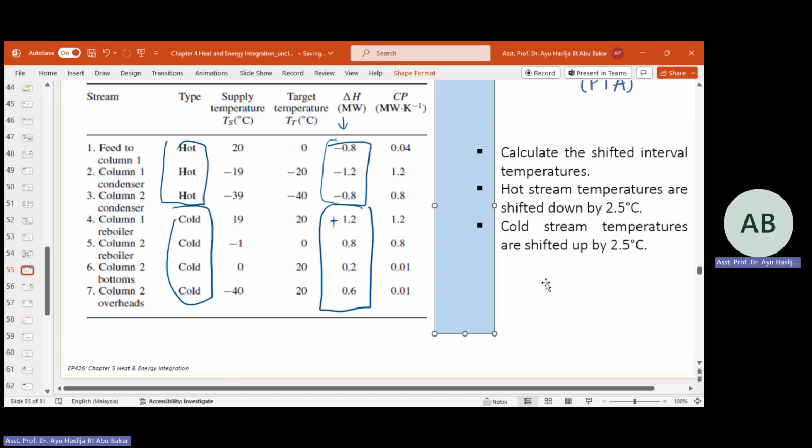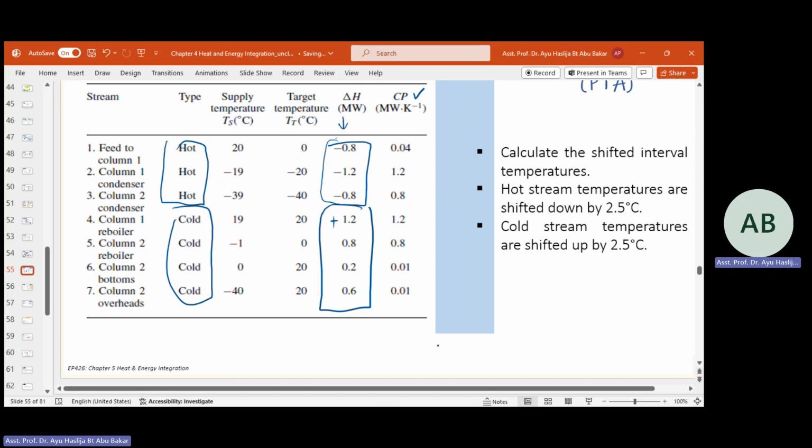Next step, once you have calculated the CP, find the shifted temperature.